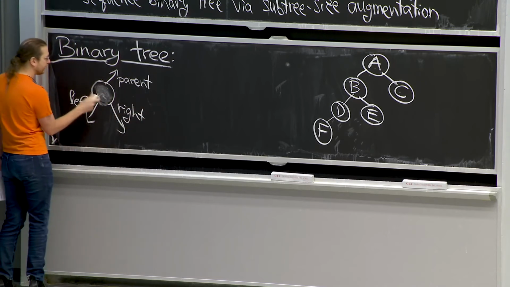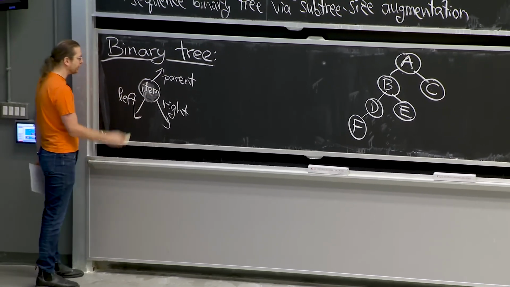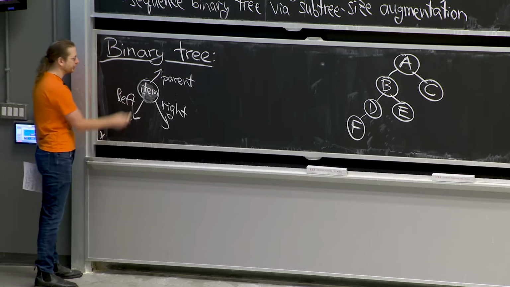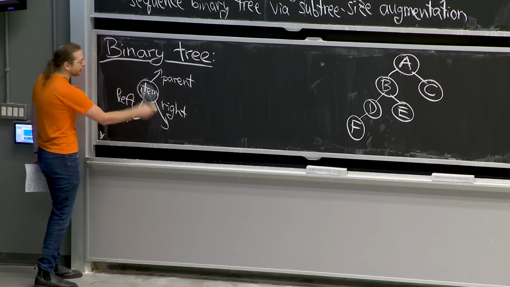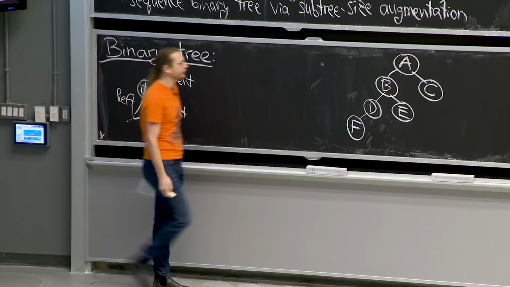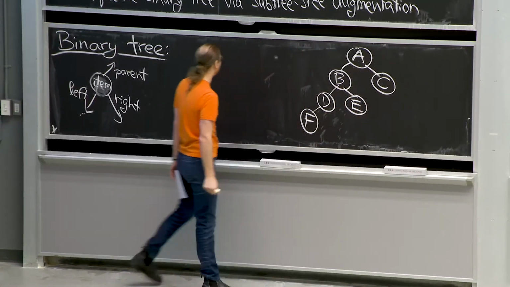And it also has an item inside of it. So I'm going to talk about node.left, which is a pointer to the node down here, node.right, node.parent, and node.item. So if I look at the node A, its item is A.